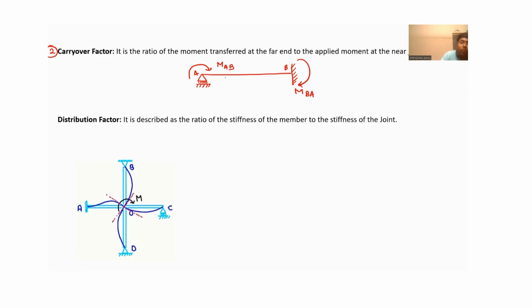You applied movement at the near end. Due to this application of movement at the near end, some movement gets generated at the far end. The ratio of this MBA by MAB is the carryover factor. COF is the carryover factor, that is nothing but equal to MBA by MAB.